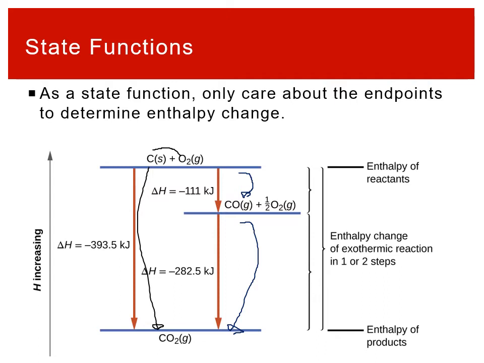Right, so state functions don't depend on how you make the change, just what the overall change is. So you get a small delta H plus another small delta H, and those combine exactly to give you the big delta H.